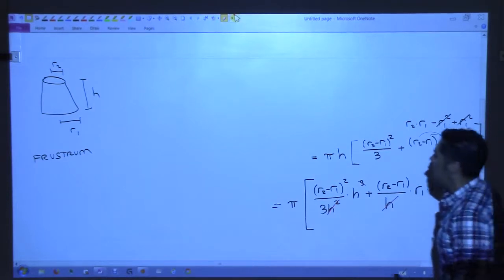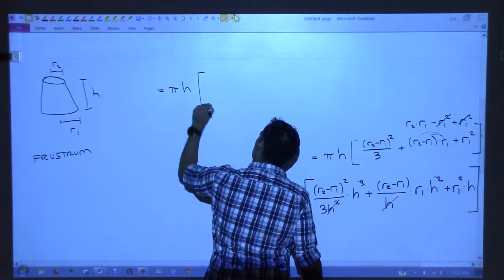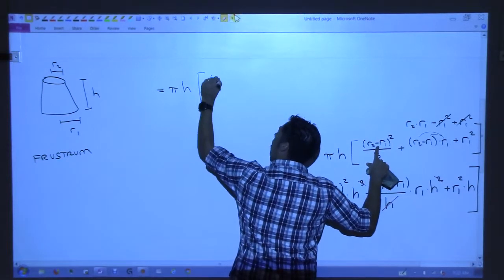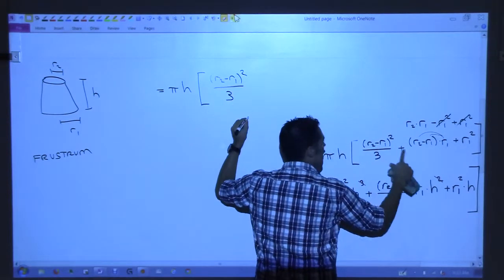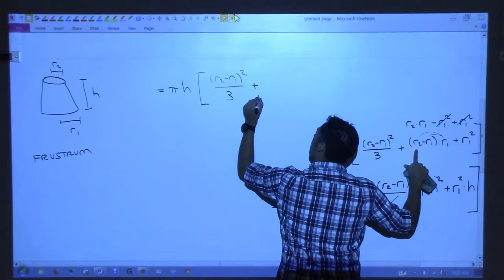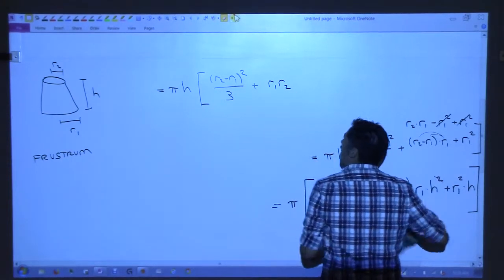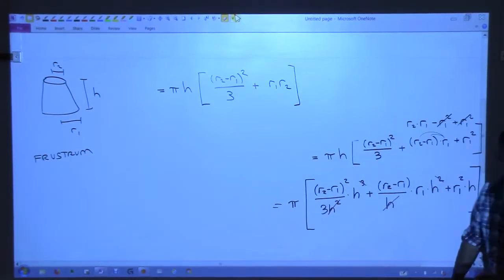So I have pi times h, and then we've got this, I'll leave it for now, r2 minus r1 squared over 3, and then the only thing left over here is what? R2 times r1. I'll change the order. I'll do r1, r2. Doesn't matter which order I do that in. So that already is starting to look better, isn't it?